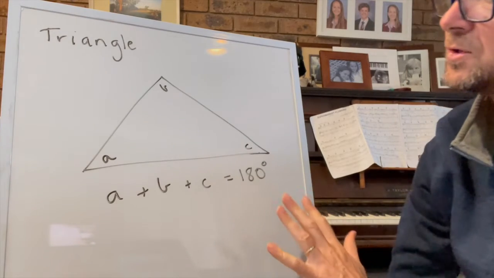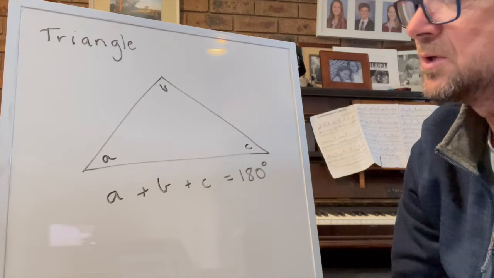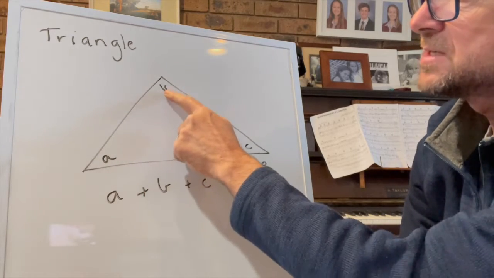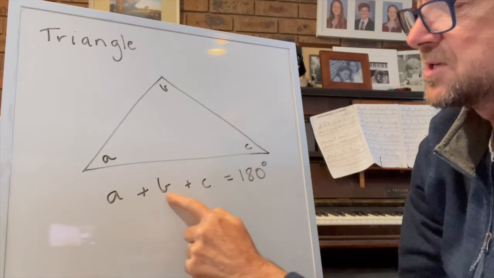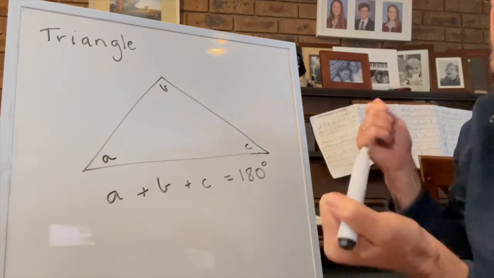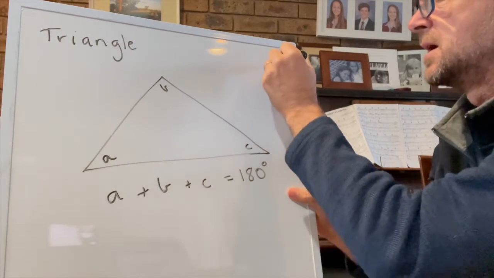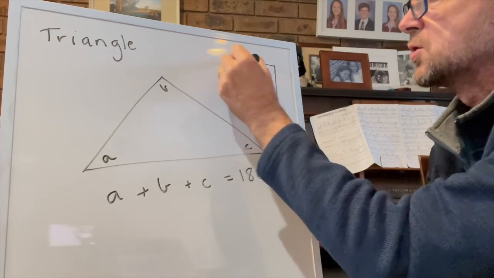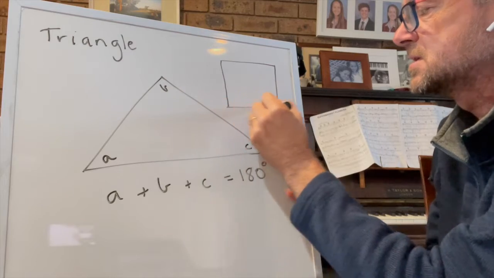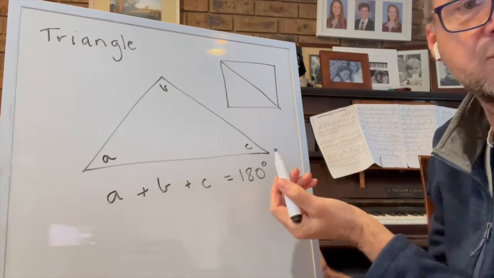As already mentioned, if we're looking at the angles inside a triangle and we add them together, angle A plus angle B plus angle C, it's going to give us a total of 180. Just to explain how that comes about, if we look at something like a square or a rectangle, and we split that from corner to corner, we end up with two triangles.